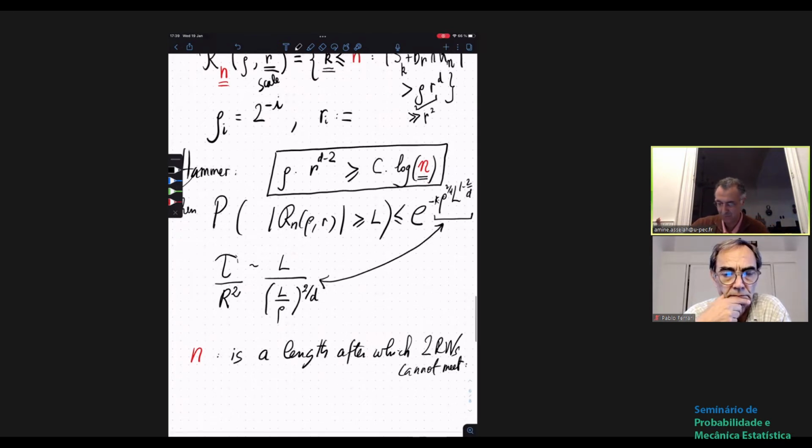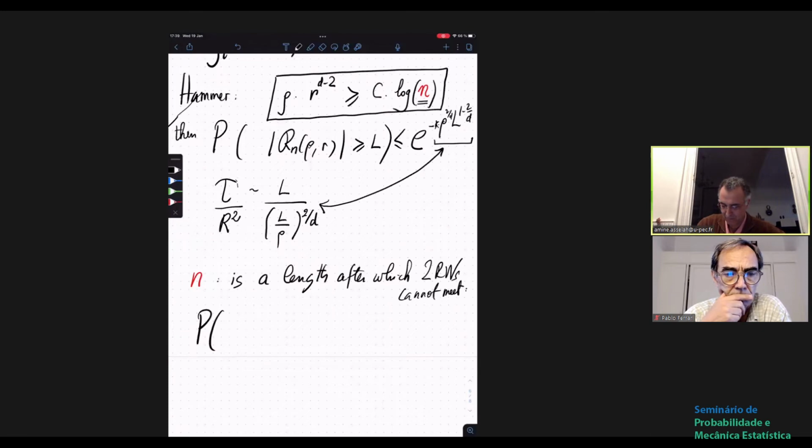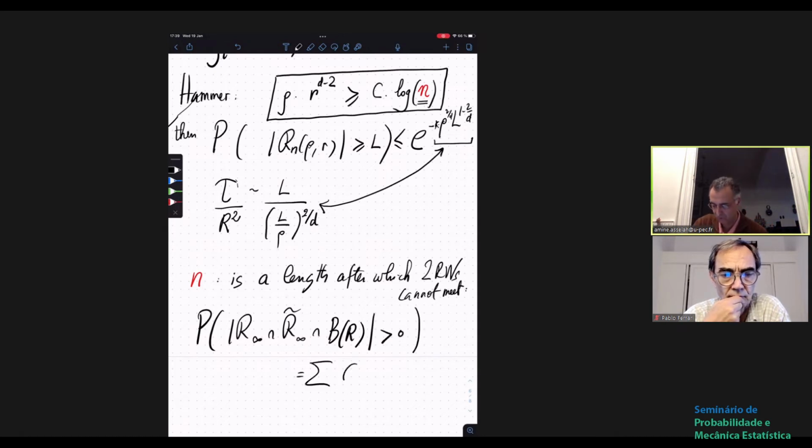Let me be more precise. Imagine I'm asking you the probability that two infinite random walks meet outside a ball of radius r. What do you have to do? You just sum the Green function squared for all the x's bigger than r, the complement of the ball.